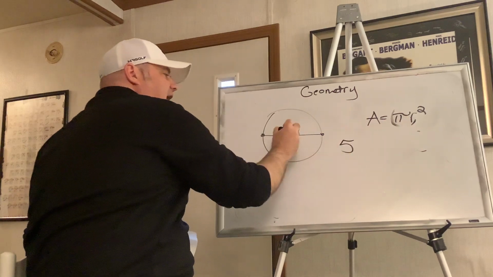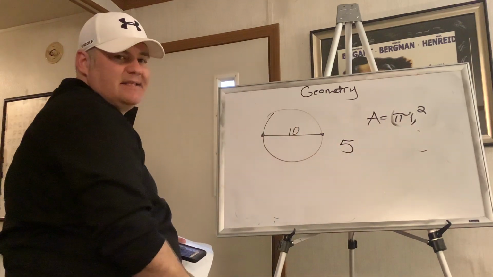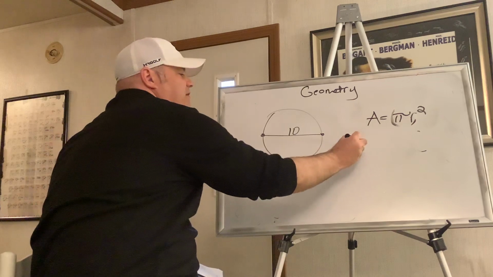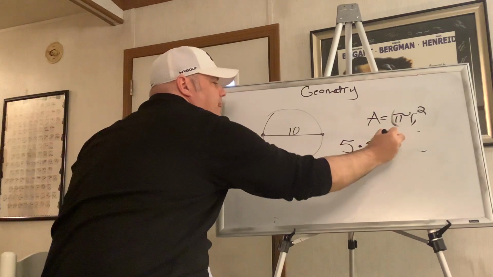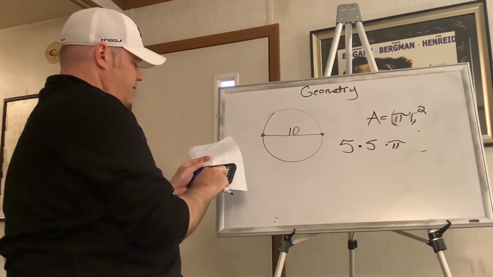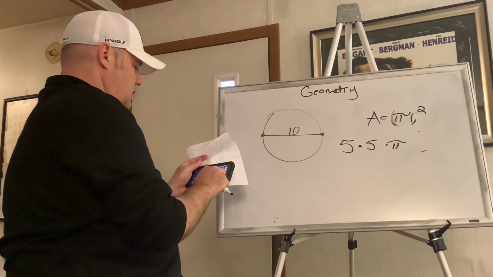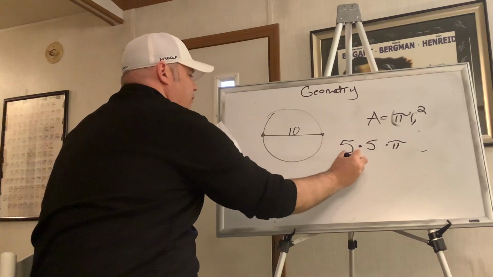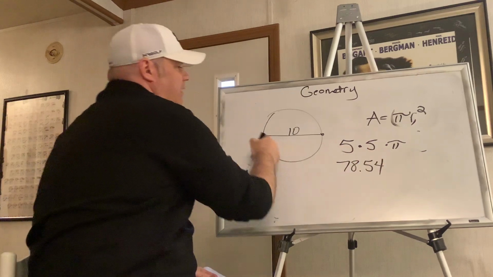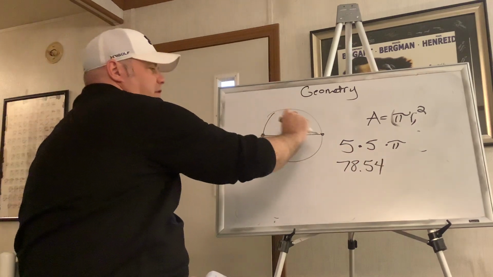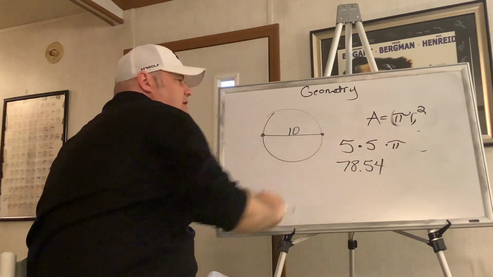You first have to half this and say my radius is 5, so it's 5 times 5 times pi, which is 78.54. So if you have a diameter of 10, first find your radius, square it, and then times pi.